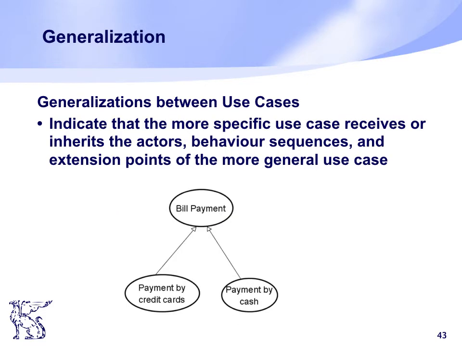So we can do the same thing for use cases as well. The child use case inherits the behavior and meaning of the parent use case. Then it's a generalization. One of the best examples I can give you is payments. Bill payment is a use case, and this bill payment use case can be further generalized to pay by credit card or payment by cash, and you can also add payment by check.